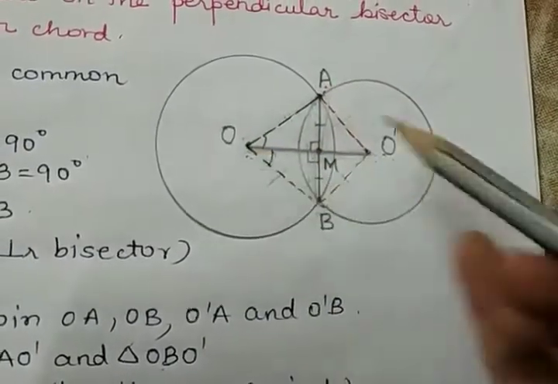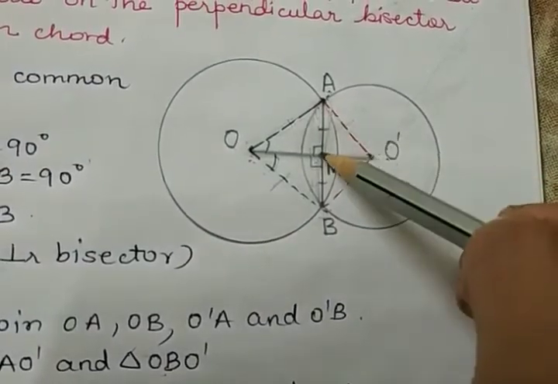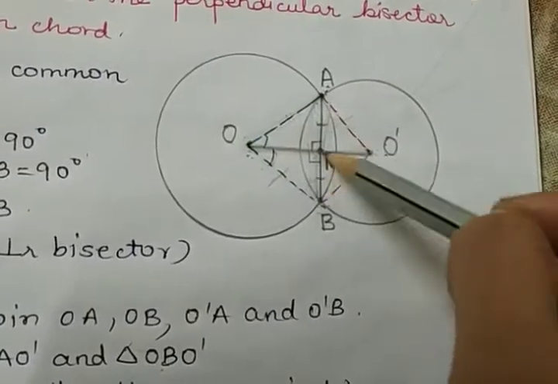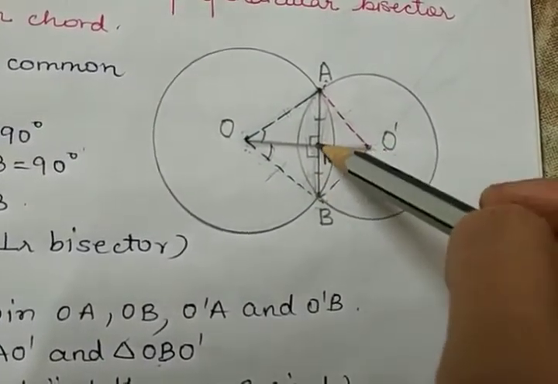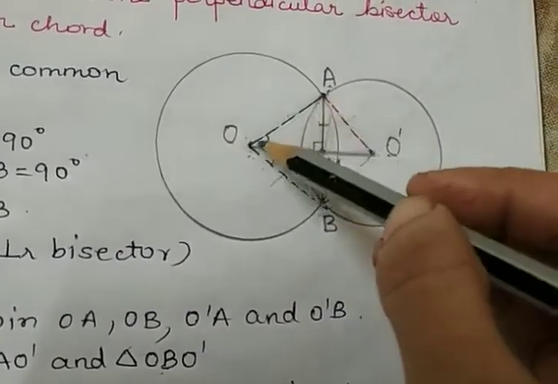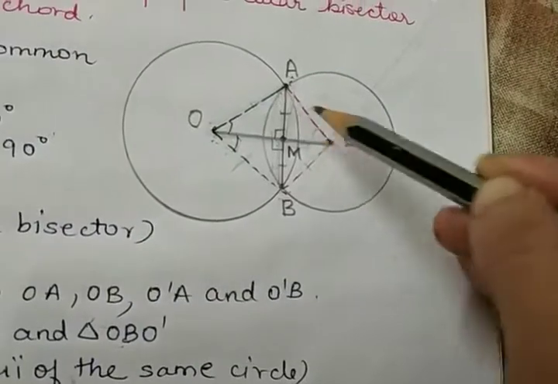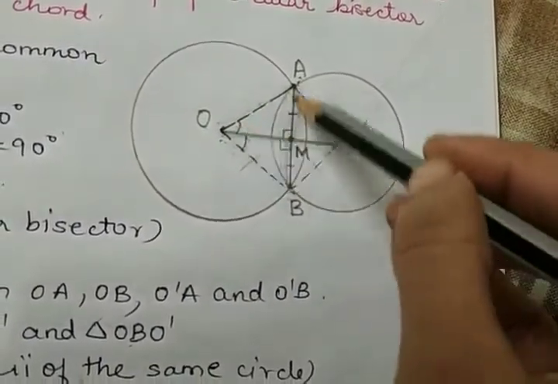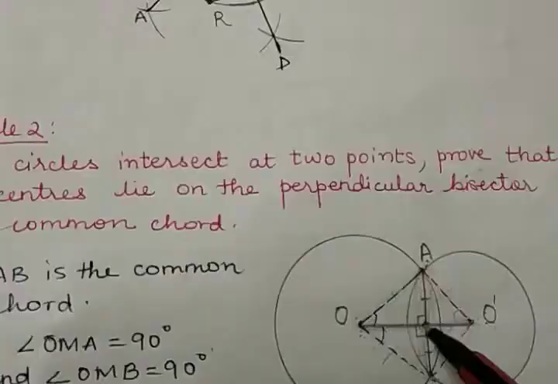Now the same thing can also be done for this. If you consider these two triangles, either you can take these two triangles or these two triangles, then it is the same thing, any one you can take, either you take this pair or this pair.